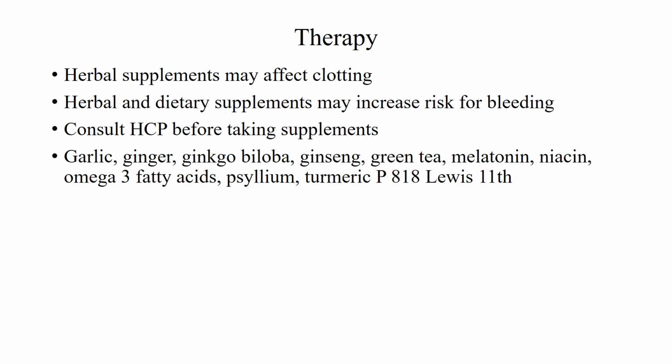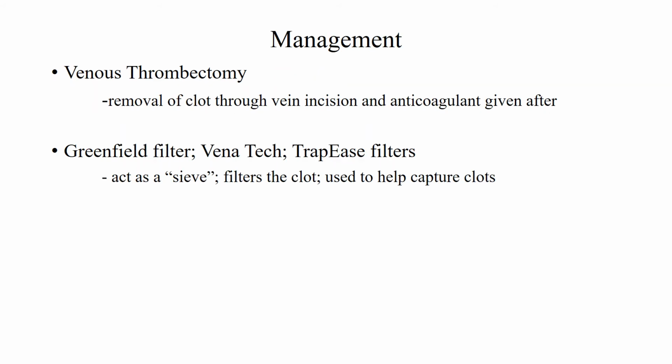So we should advise our patients to consult the healthcare provider before taking any herbal supplements such as garlic, ginkgo biloba, ginger, ginseng, green tea, even melatonin, niacin, omega-3 fatty acids, psyllium, and turmeric. So if the patients are on anticoagulants, we should advise them to let the healthcare provider know if they're taking any herbal supplements or if they plan to take any.